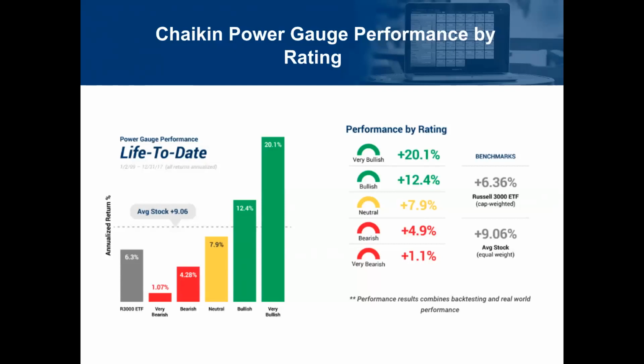What we're looking at here is data going back to the beginning of 1999 until the end of 2017. Our very bullish stocks have returned 20% a year on average over that time frame, while our bearish and very bearish stocks have drastically underperformed the market. So think about what this does for you as an investor.